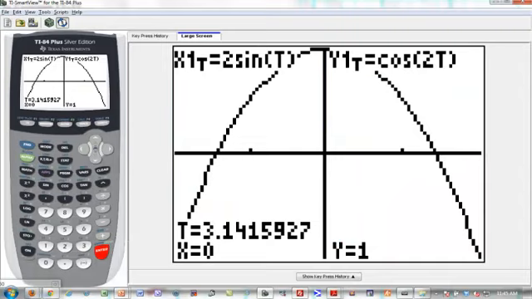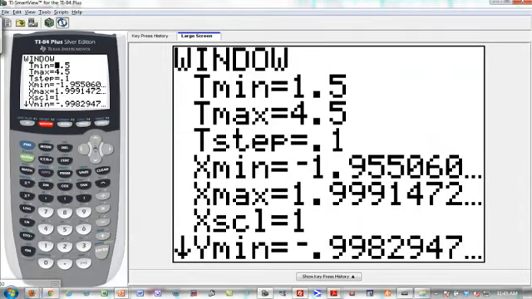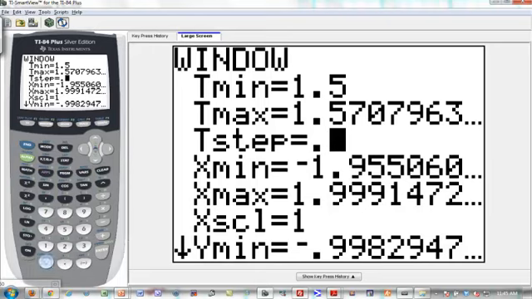Technology. Let's do it. This is the second problem. I'll even make this pretty small.